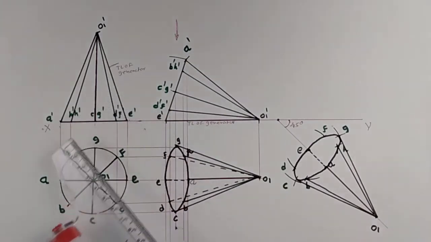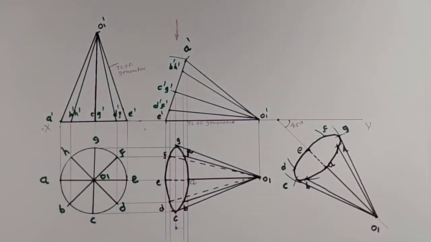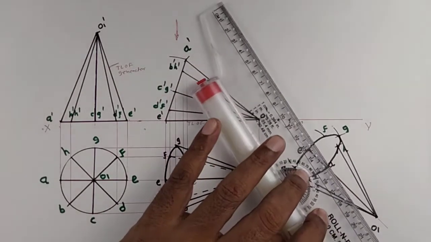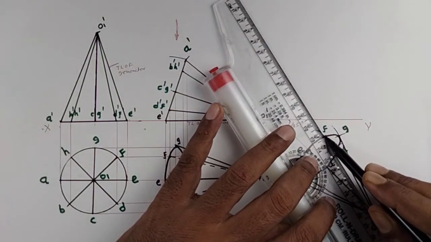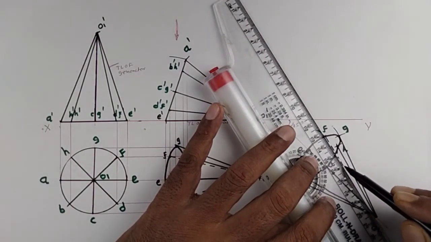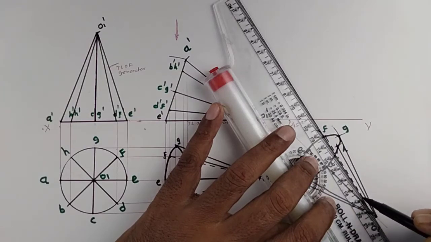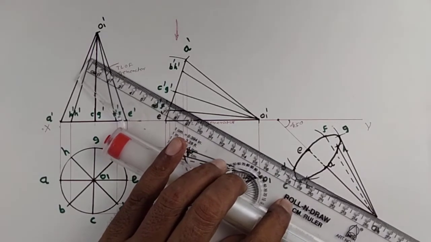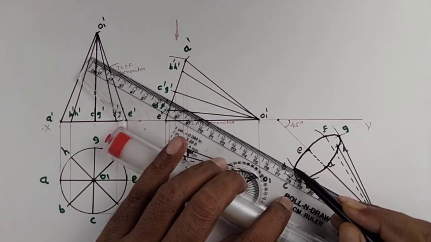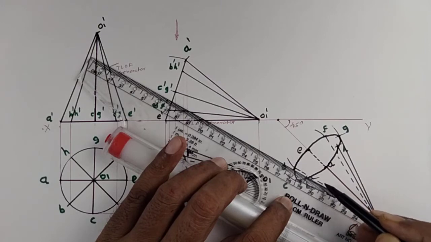But remember, when the dotted and full line intersect, the dotted becomes full. You can join your O1F. It is not visible from top view orientation, so it is always dotted. Similarly your O1D, it is also not visible, so it is dotted.